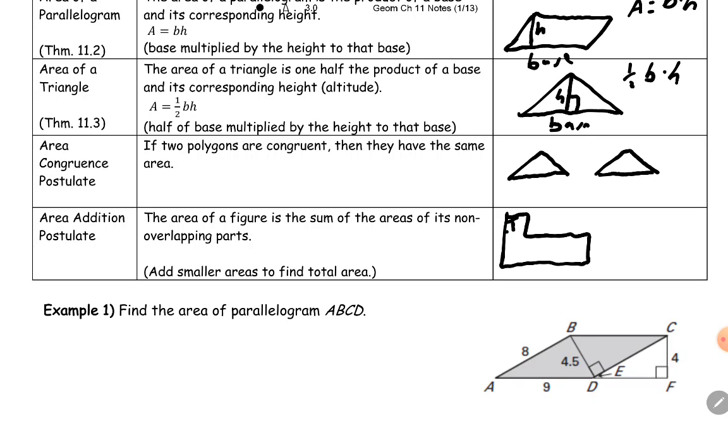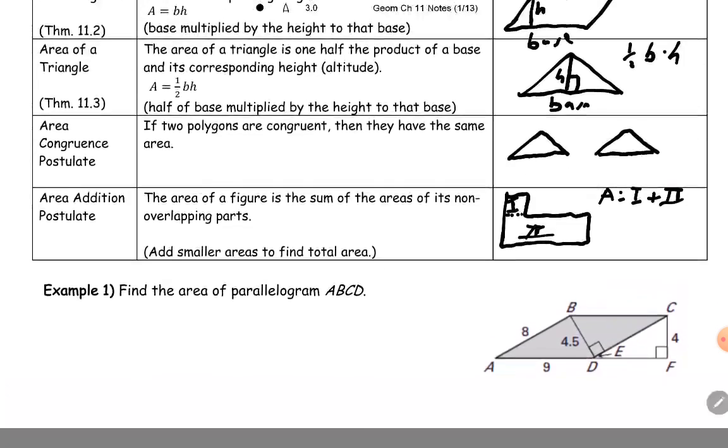Let's call this area 1, and then put a dash, and then area 2. The total combined area is area 1 plus area 2. And that's all that addition postulate says. You can combine areas.